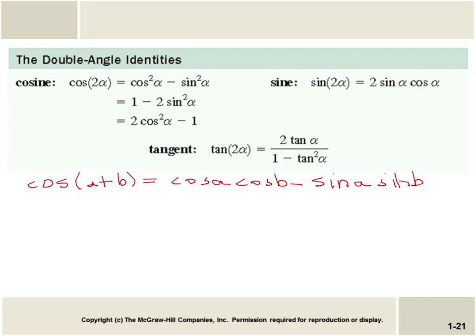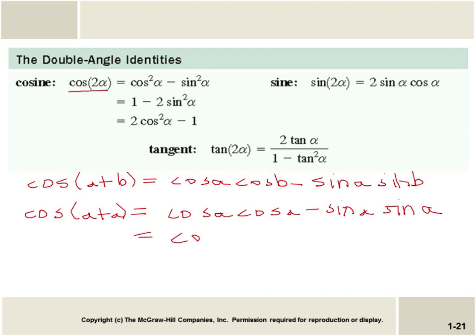Then for the double angle, it just means that we have A plus A. We have cosine of A plus A, which is equal to the cosine of 2A, equals cosine A cosine A minus sine A sine A. So we get cosine squared A minus sine squared A. Okay, so that's the double angle formula.